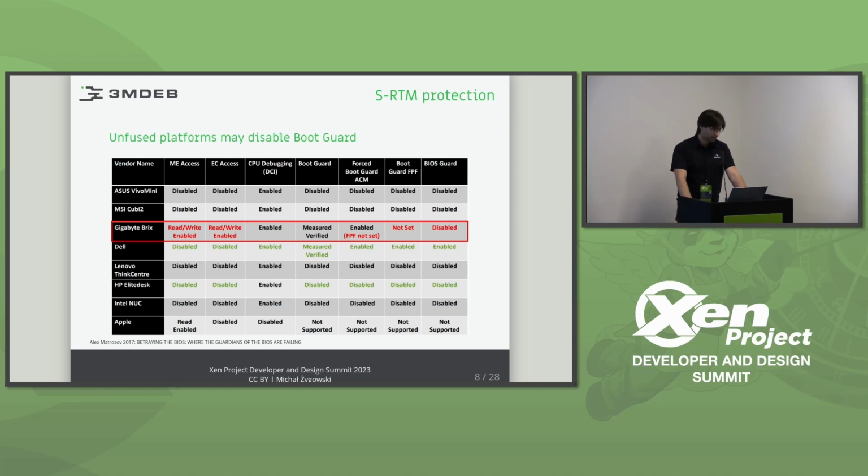And as you can see from this slide from Alex Microsoft, some vendors do it properly and fuse the platform, so make these key hashes or keys one-time programmable and locked, and some vendors do not. So this poses a big threat because an adversary could, for example, reconfigure your machine and fuse their own key, and basically compromise the whole static root of trust for measurement and the whole chain resulting from it.